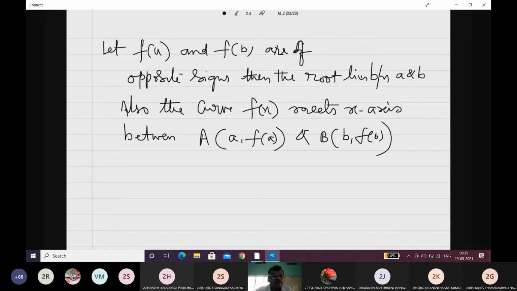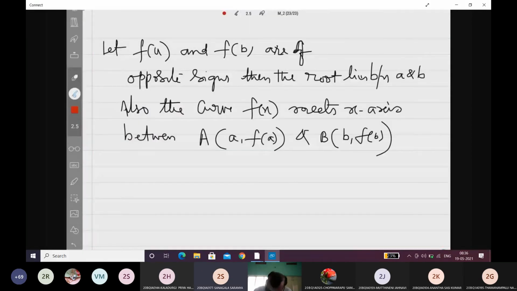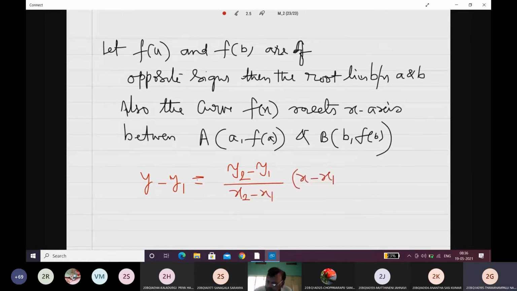Then the chord between the two points is a line: y minus y1 is equal to y2 minus y1 by x2 minus x1 into x minus x1. That is the equation of chord AB.